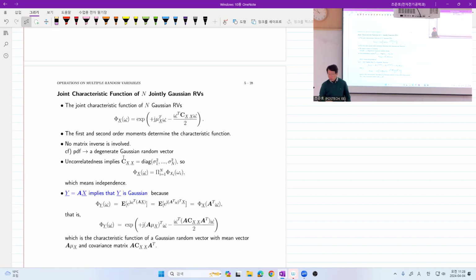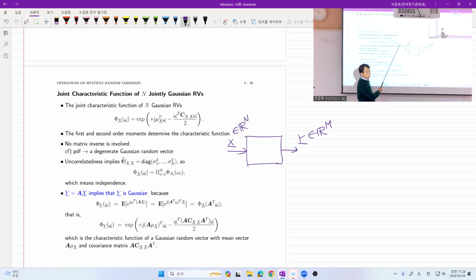And my question is this. What happens if you transform this Gaussian random vector x to another random vector y, which may have different lengths? Okay, length n, and this is length m. So you want to transform the Gaussian random vector to another random vector, and its length may be different.